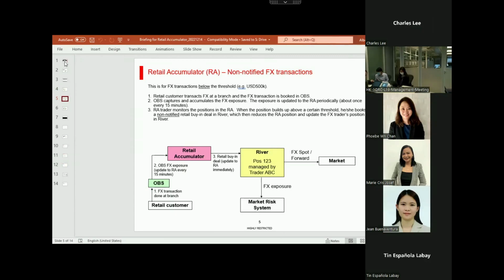Either, in this example on the screen, the FX risk is covered in the market, or it can be covered by another offsetting flow. There could be many ways to manage this position, or even sometimes the trader will hold this position with a view that it is a benefit to hold it for a certain time period until recovery in the market.